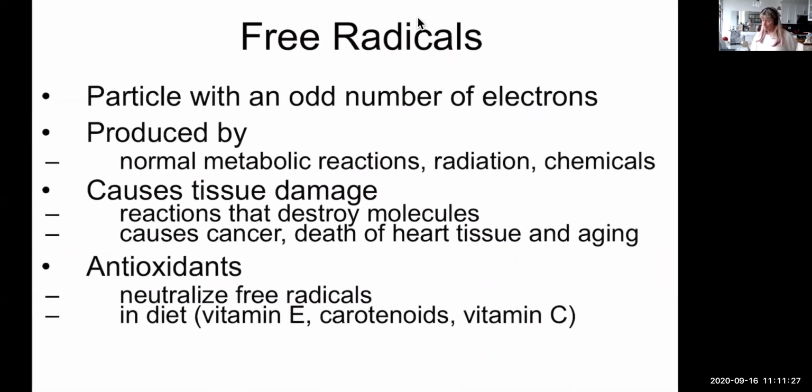Free radicals, which is something a lot in the news, free radicals and antioxidants. I really want to talk about that also a little bit later, but I'll just give you a preview. Free radicals are a particle with an odd number of electrons.